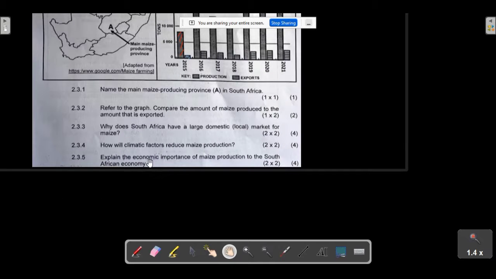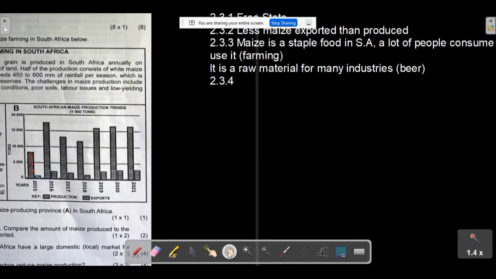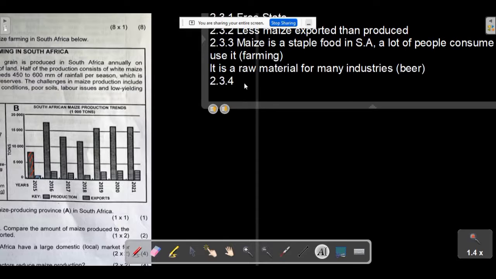Then 2.3.4. How will climatic factors reduce maize production? So climatic conditions.